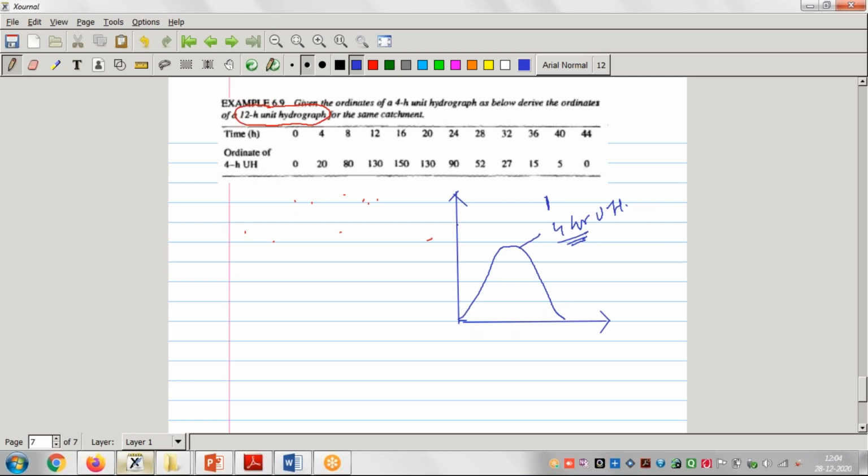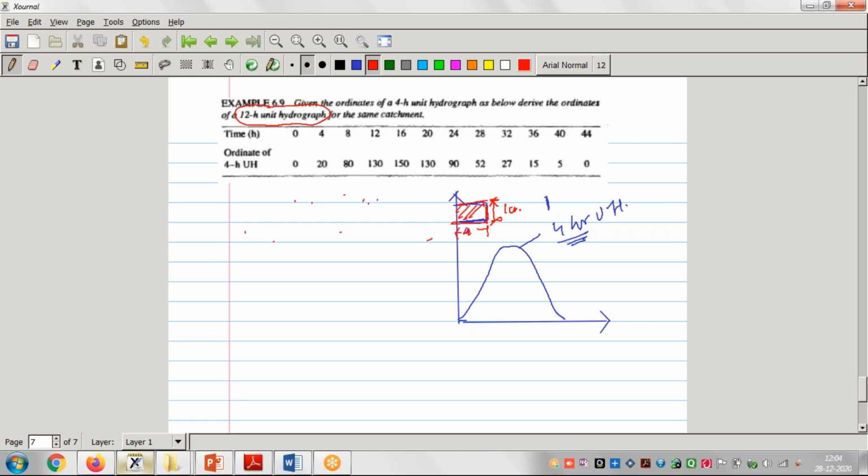So that's why we represent here one box. This horizontal portion of the box shows the duration of rainfall, and the vertical dimension of this box shows the rainfall depth.